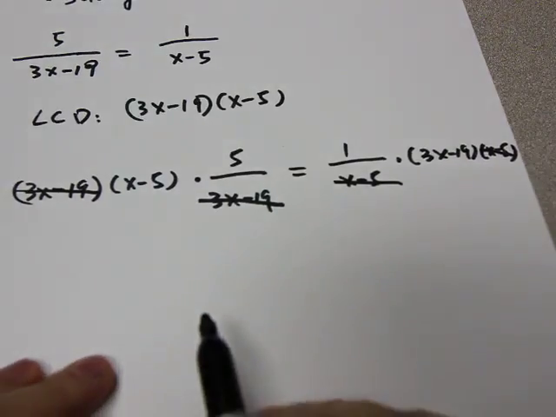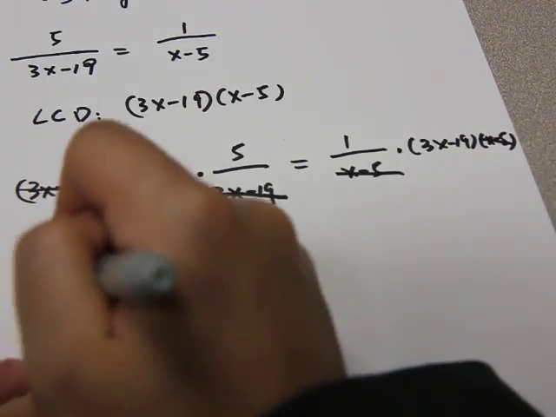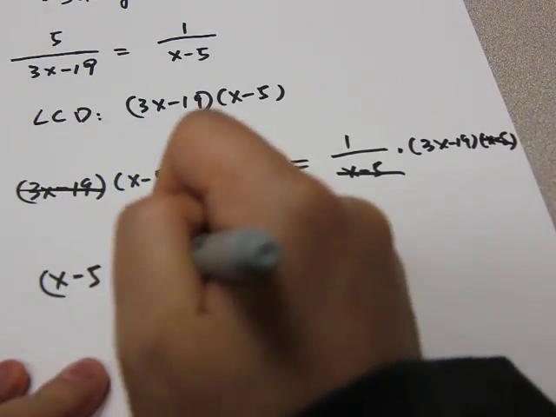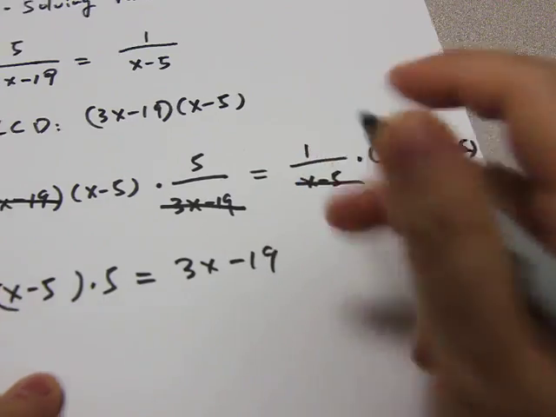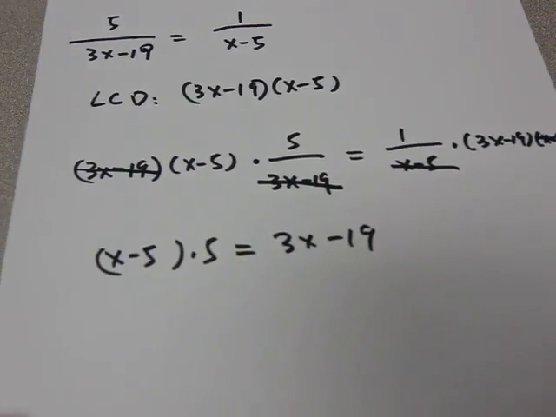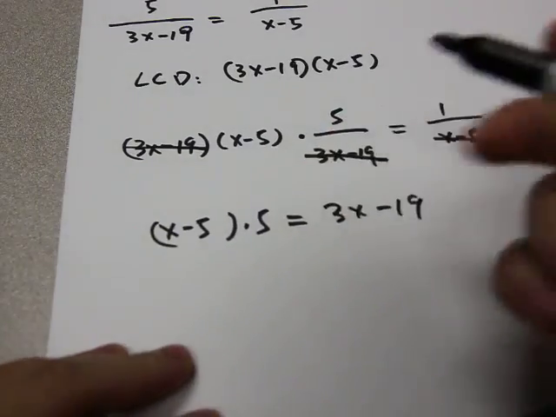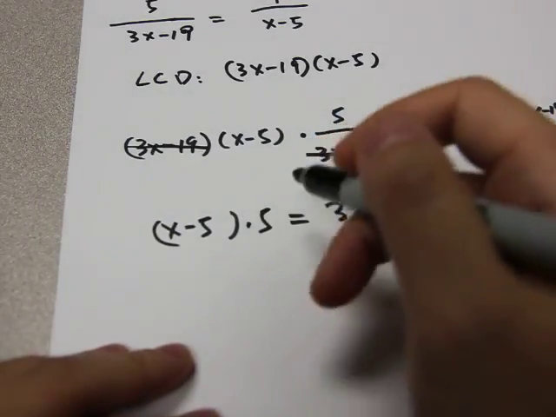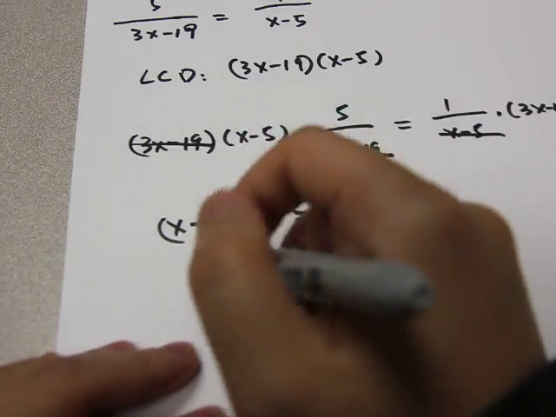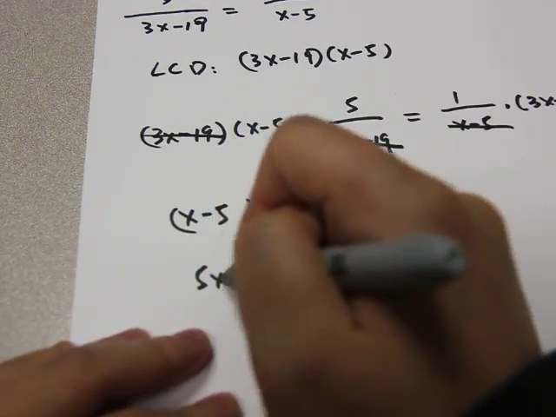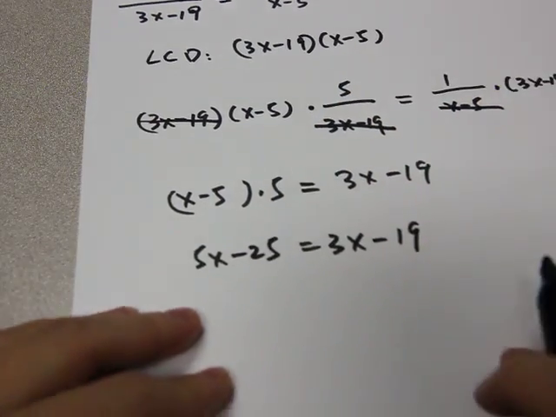So the equation becomes x minus 5 times 5 equals 3x minus 19. So the equation becomes a linear equation, right? There are no denominators, and we know how to solve a linear equation, right? So first we simplify each side. The left-hand side we have 5x minus 25 equals 3x minus 19.